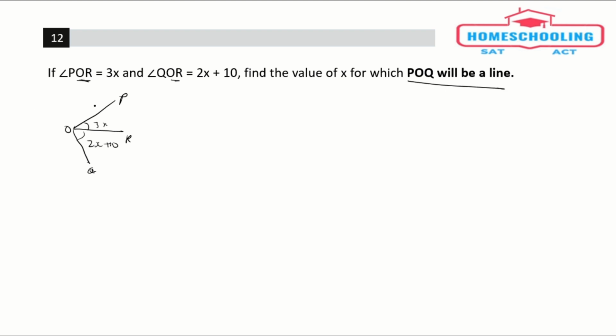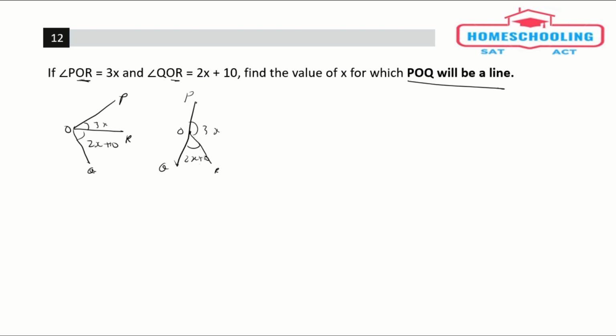So POQ will be a line. So instead of this, we will have something like a straight line. This is your O, this is your P, and this is your Q. This is R, and this angle would be 2x plus 10, and this angle would be 3x. So POQ will be a line, and R would be somewhere in between.